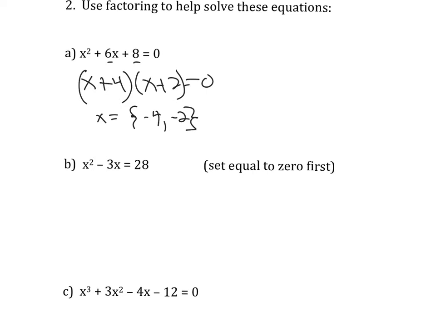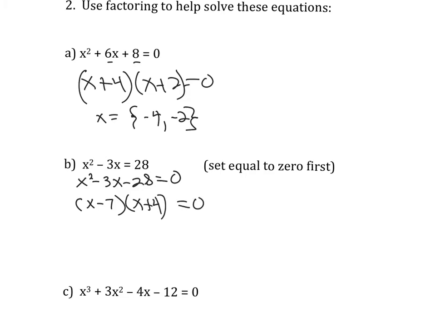Okay, next one, x squared minus 3x equals 28. Since we're using factoring, we want to set this equation equal to 0. So we get this, and can we factor this? Do we have two numbers that add to negative 3 and multiply to negative 28? Yes, we do. We can break this into x minus 7 times x plus 4 equals 0.